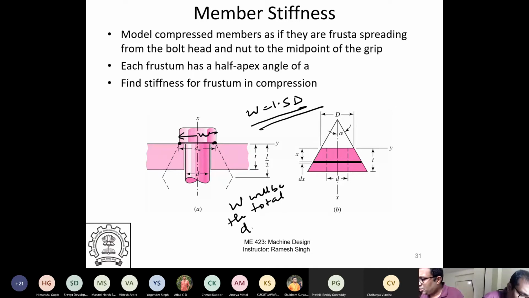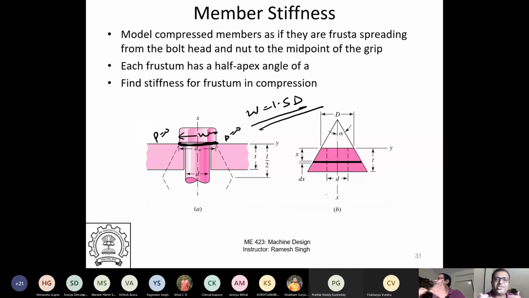Will be the total diameter on which the pressure is acting. Here P is equal to 0. Here P is equal to 0. Because of tightening the bolt, the entire pressure is acting only in the W diameter.